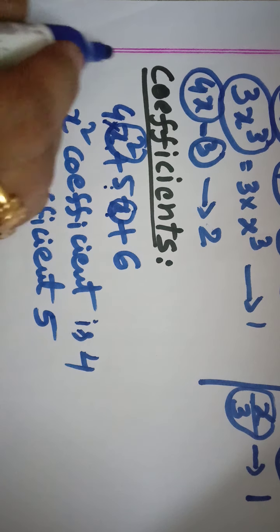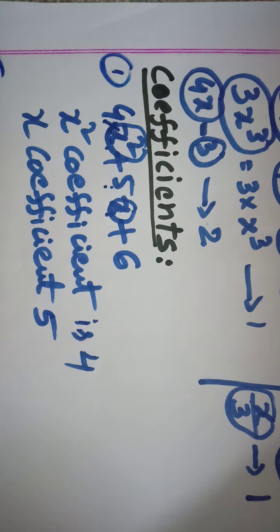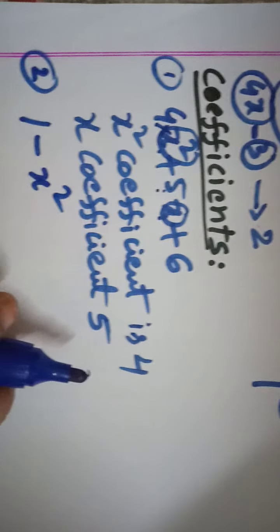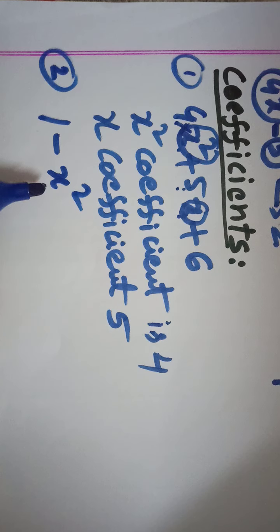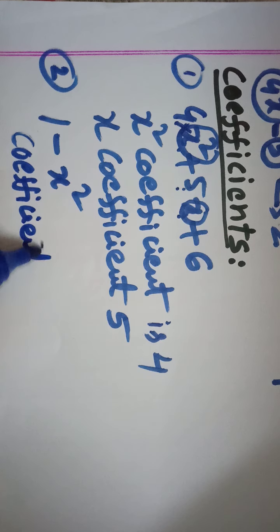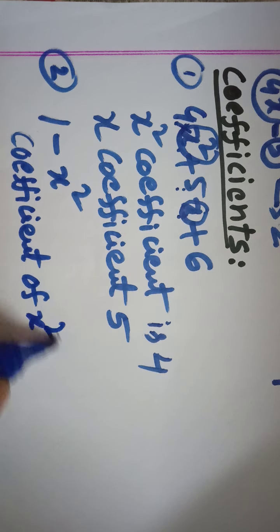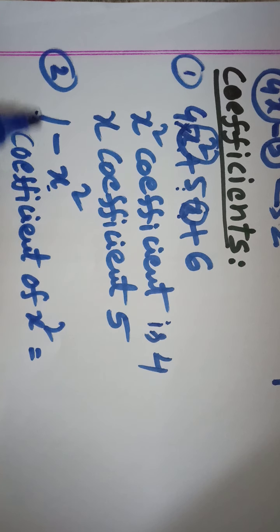Suppose the polynomial is like this, 1 minus x square. What is the coefficient of x square here? In this polynomial two terms are there. This is the first term and this is the second term.